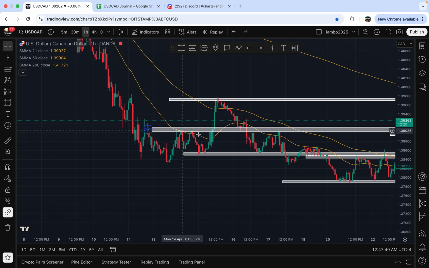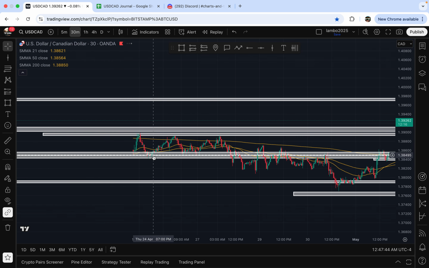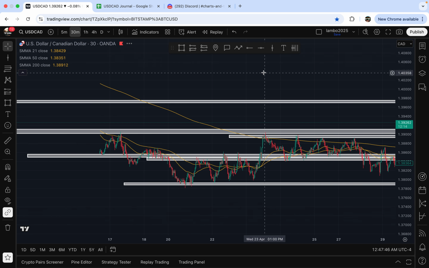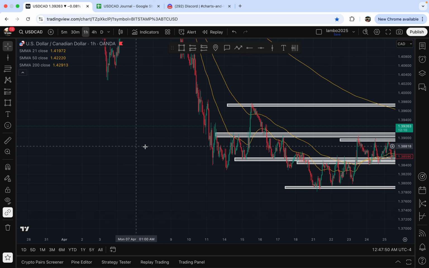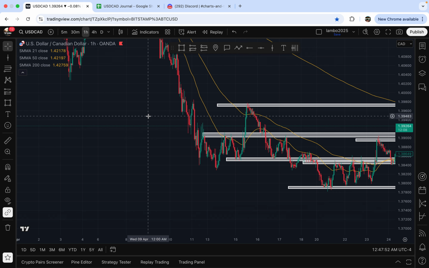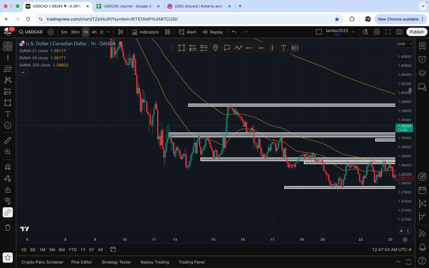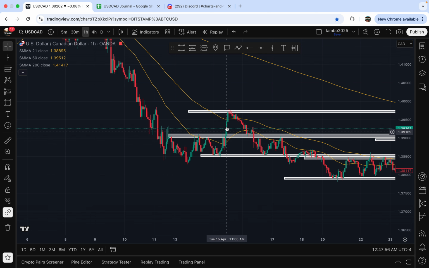So we held it multiple times, but over here, if we drop down to a lower time frame, actually never mind. I don't know why I just did that. Okay, let's go back here. All right, let's not drop to a lower time frame. So we can see right here that this candle broke above this resistance and then just continued up.